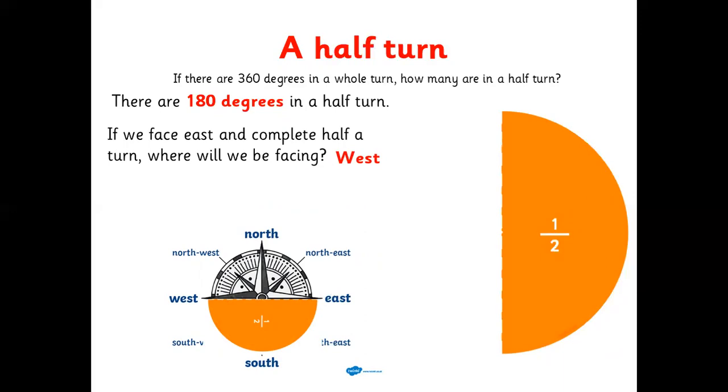Clockwise, remember, we're moving the same direction as the hands on a clock would move, so we're moving towards the right. Anti-clockwise, we're moving the opposite way of a clock, so we're moving towards the left. When we're completing half a turn, it doesn't really matter if you do it clockwise or anti-clockwise. You'll end up facing the same way. So if that was on the other side, taken up there, you can still see they would be facing west.